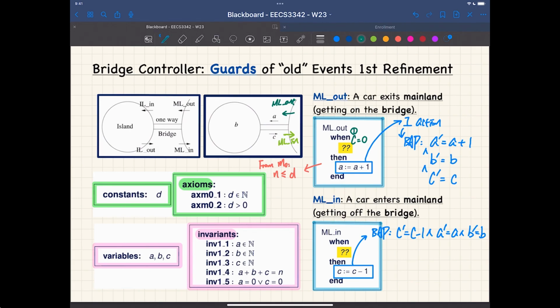And then we also got from M1, A plus B plus C equals N. So that means right now, if I want to increment A such that A becomes A plus 1, right? So that means A is not going to be A. It's going to be the pre-state value A plus 1.